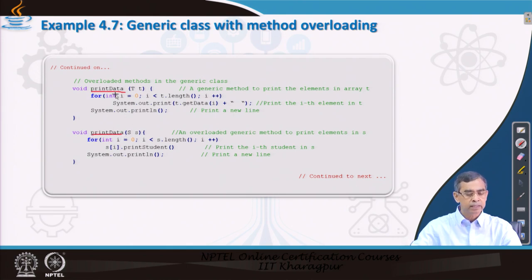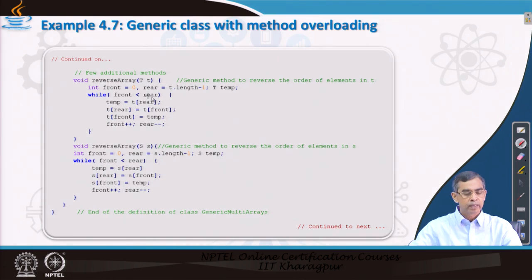These are the two overloaded methods here. They basically print the elements stored here, of type T and type S. So, we have declared a generic class with two types, arrays of objects of type T and S, and methods for getting any value and then printing any value. And now another method we can declare is for reversing the elements.